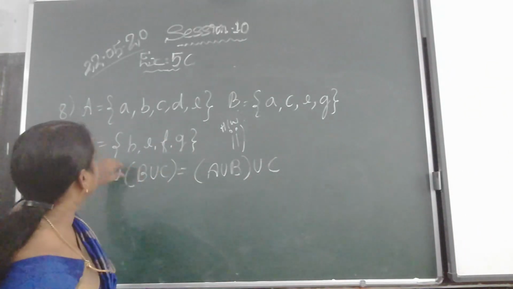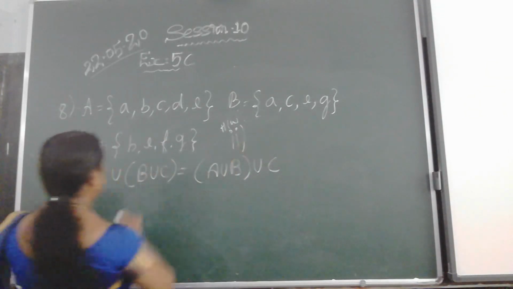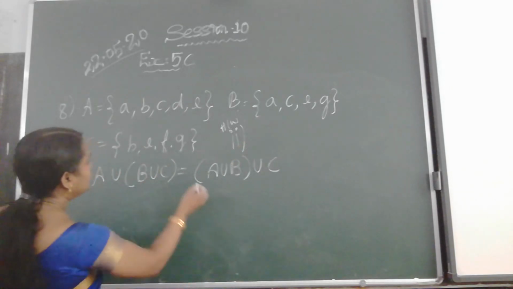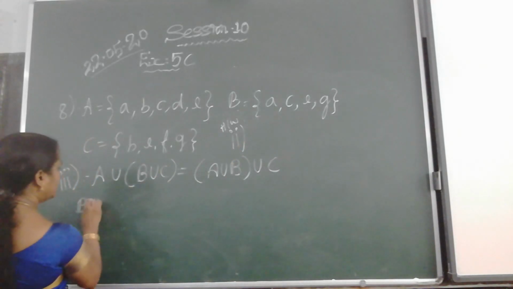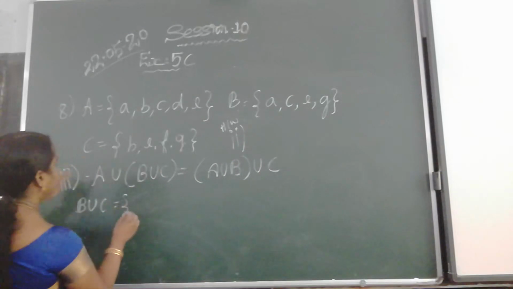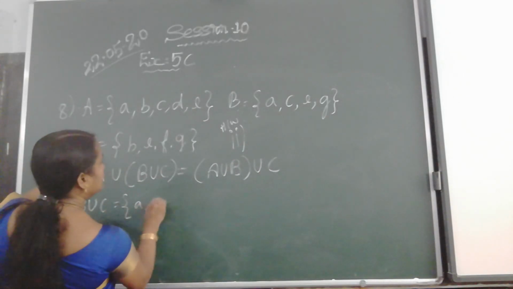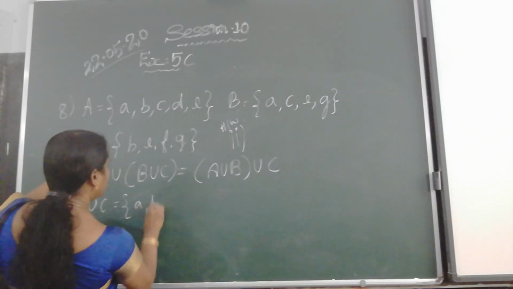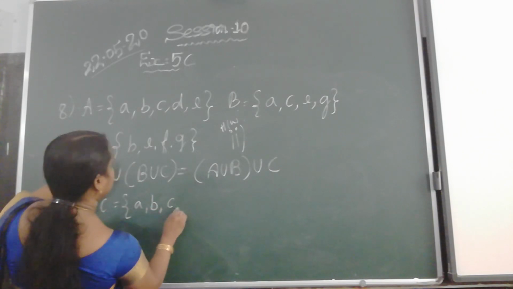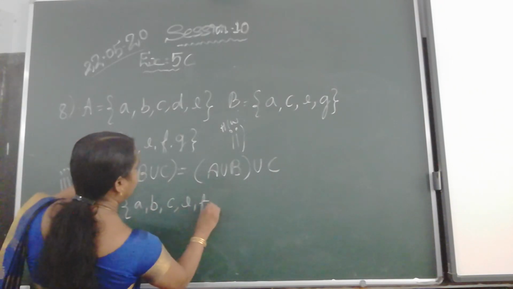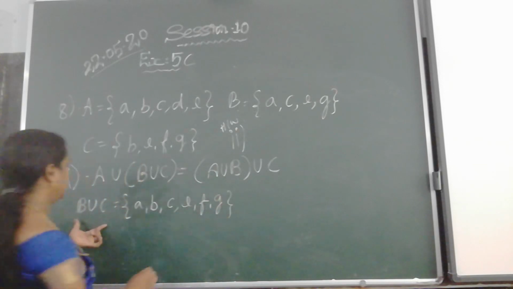So B union C we will find out first. B union C means A, B, C, E, F, G. That we are getting as B union C.